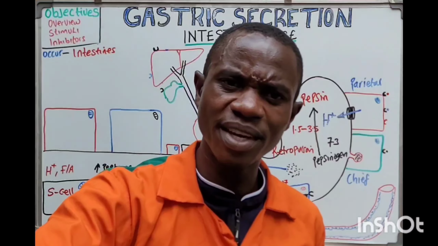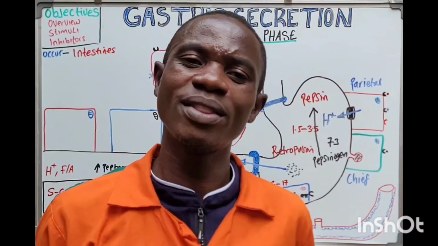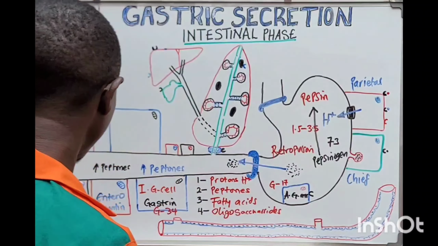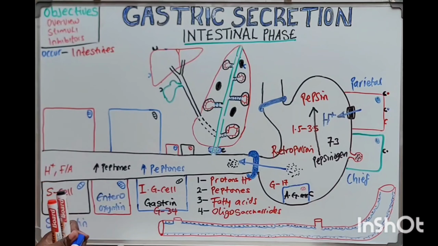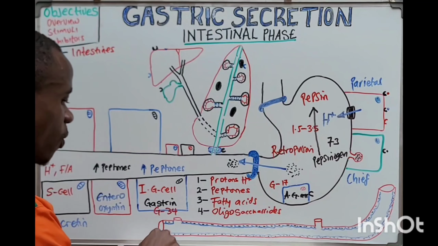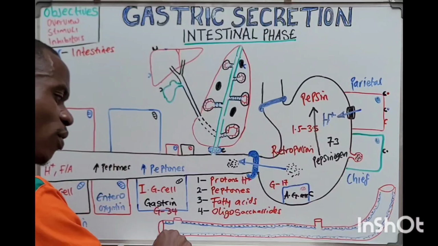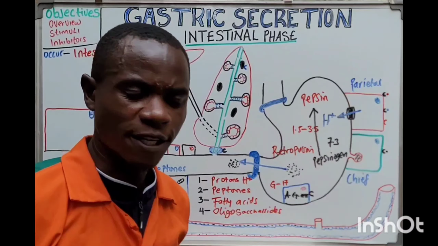And when it becomes activated, it will release a hormone. You know how this hormone is called? This hormone is what we call secretin. Secretin is a hormone which is going to be now flowing into the blood. Now, when it flows into the blood, where is it going?